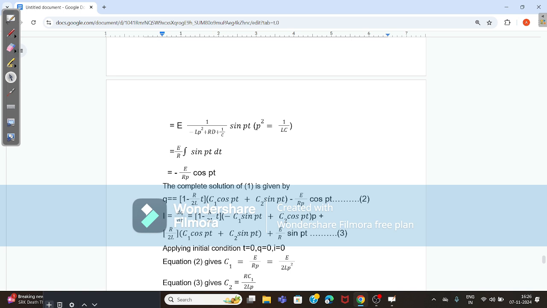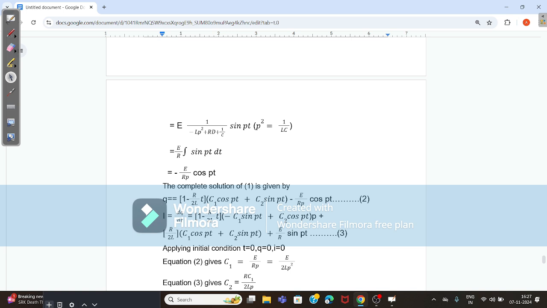Since p square is equal to 1 by LC, integrating sin pt gives the value cos pt, so PI is minus E by Rp cos pt. The complete solution is q is equal to e power minus R by 2L into t times C1 cos pt plus C2 sin pt, minus E by Rp cos pt. This is the complete solution we have.